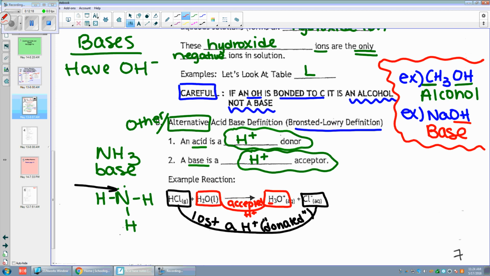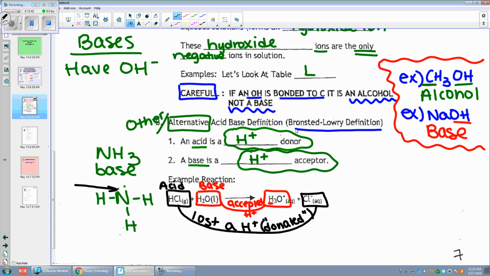I have one more. That would mean that this must be my base because it accepted, and this HCl must be my acid. It's important to note that I'm noting water is a base. Water is special. It can be both acidic or basic. So I have to figure out what it is by looking at what happens on the other side.